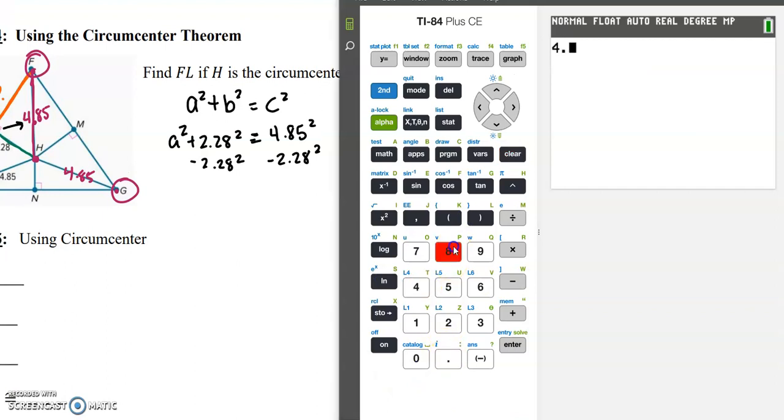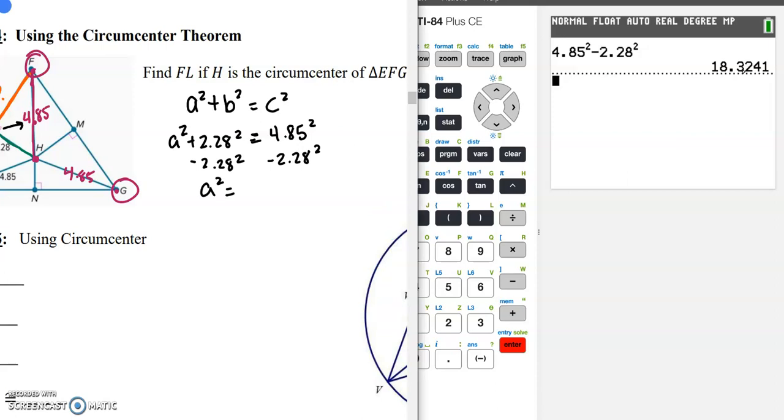So 4.85 squared minus 2.28 squared, enter. And notice we get our 18.32, and that is a squared. It's not a, so we again have one more step that we need to do, and that is to take the square root.